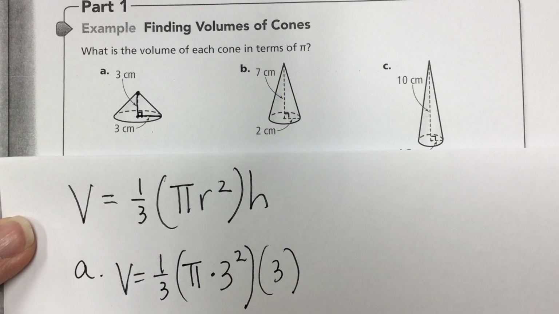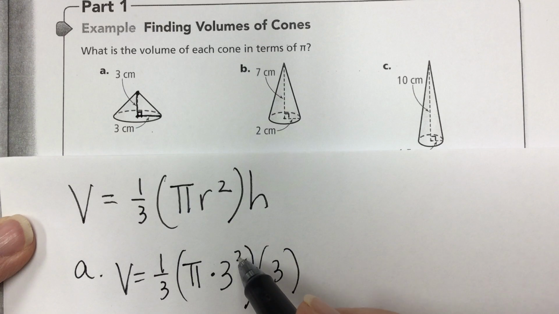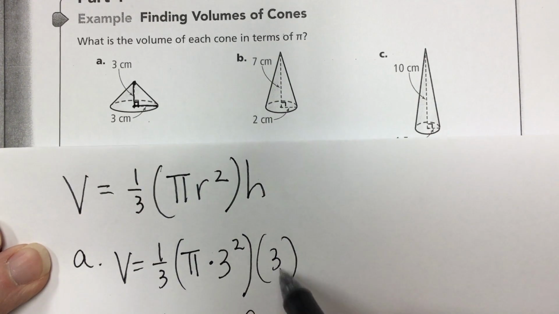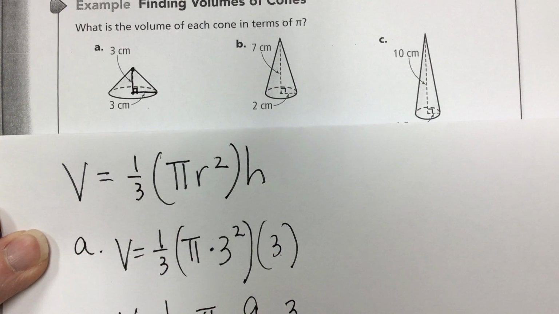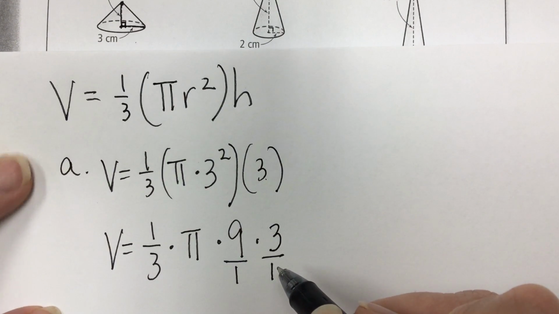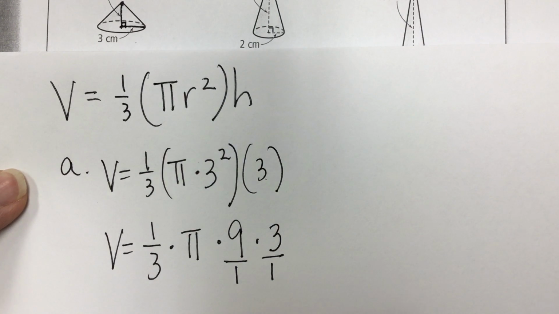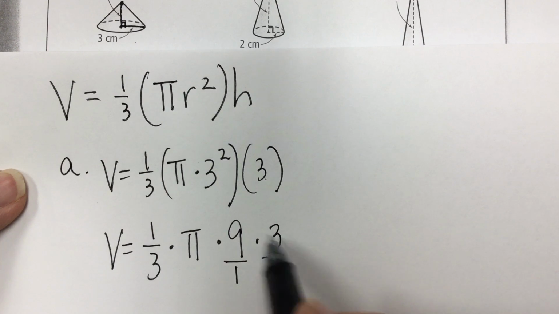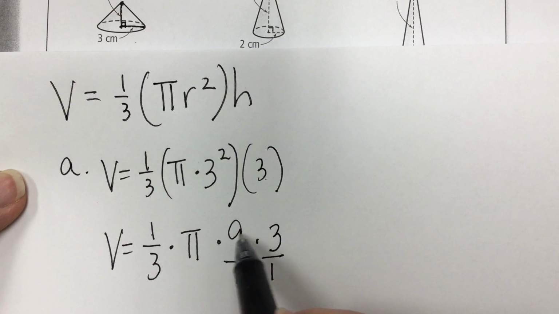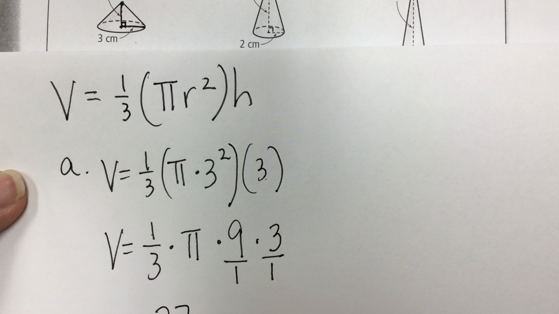So volume is equal to 1/3 times pi times 3 squared, 3 times 3 is 9, times 3. Now, think of the 9s over 1 and the 3s over 1, so we can simply multiply straight across. 1 times 9 is 9, 9 times 3 is 27. 3 times 1 is 3, and 3 times 1 is 3. We still have our pi.